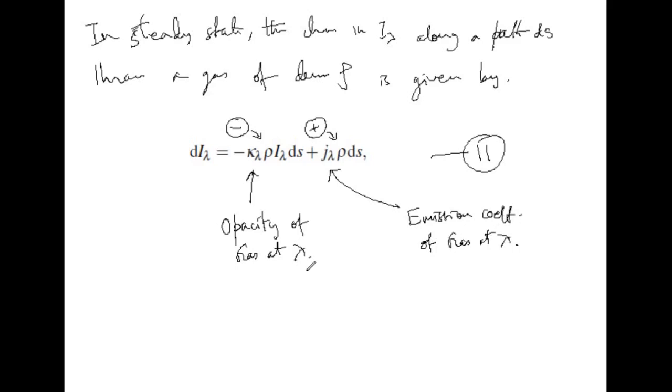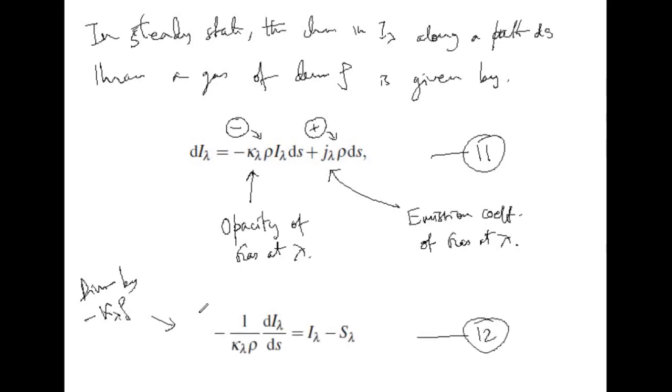Now if you divide by minus kappa lambda times rho, then we will obtain the transfer equation or radiative transfer equation. This is equation 12. This is quite important.